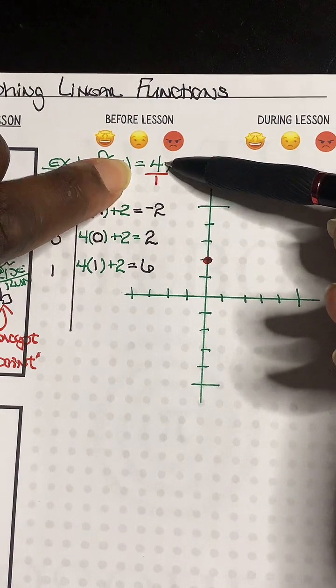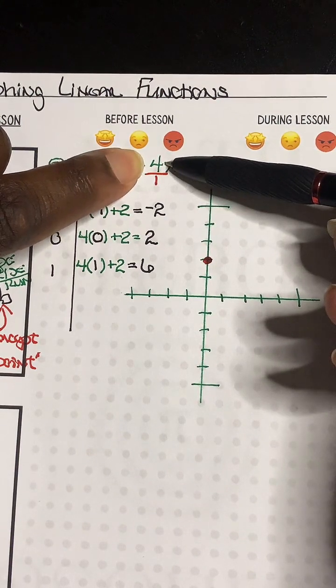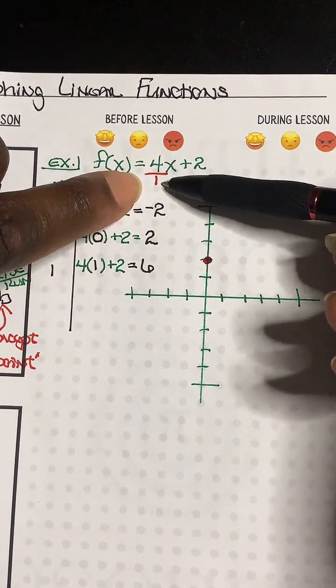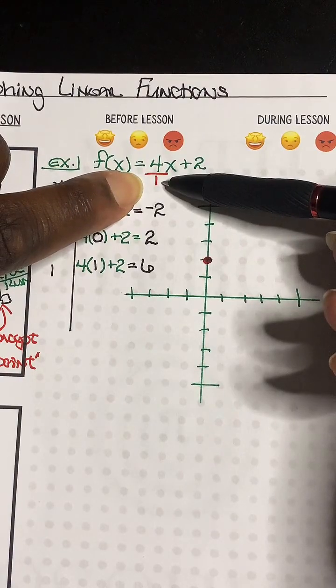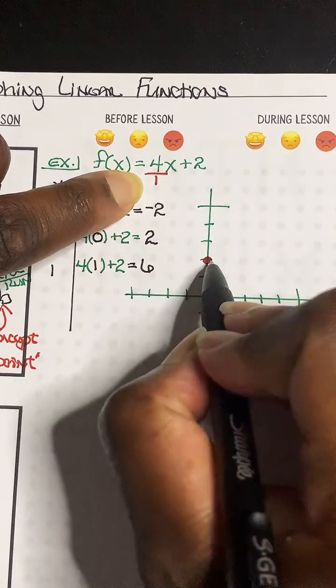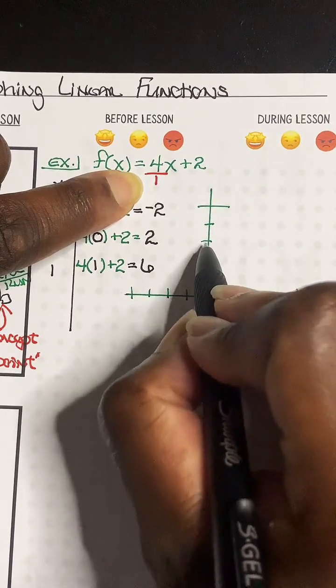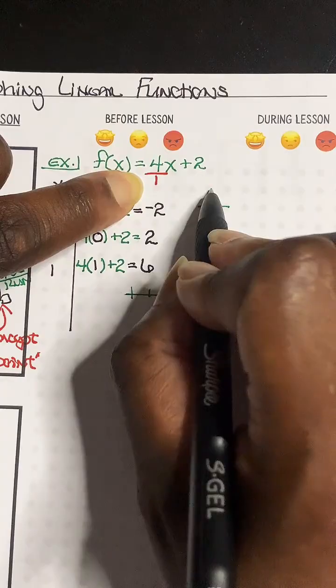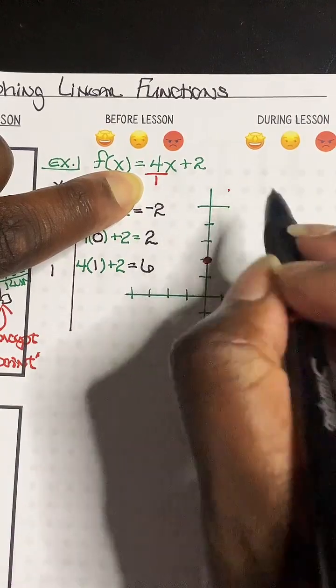So your rise, you're going to go up 4 because it's a +4, and then you're going to go to the right 1 because it's a +1. So from my y-intercept, I'm going to go up 4. 1, 2, 3, 4 will be up here, and over 1.